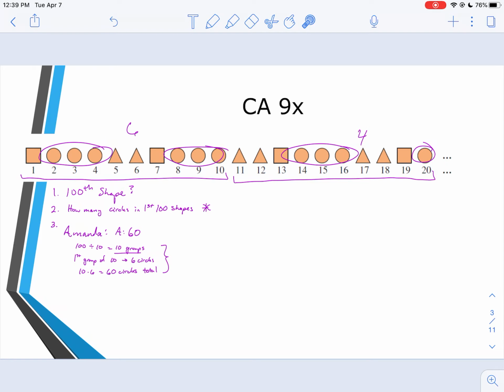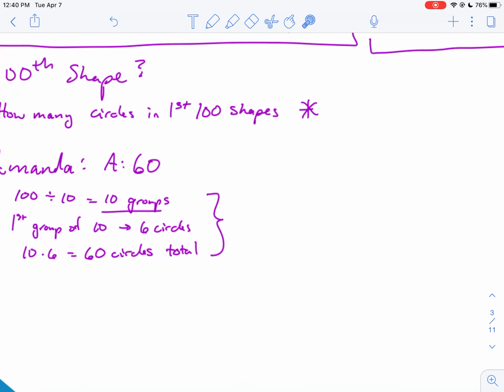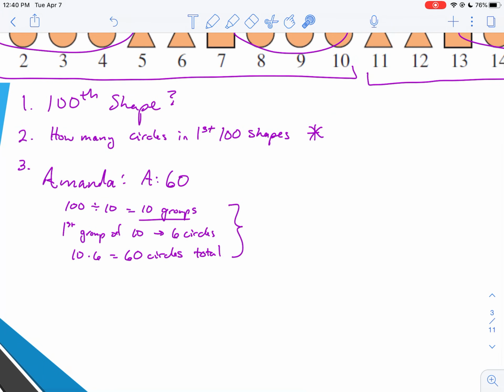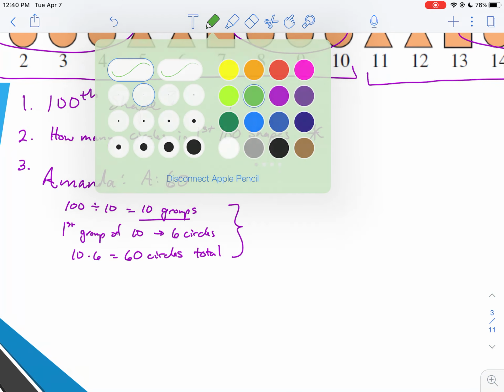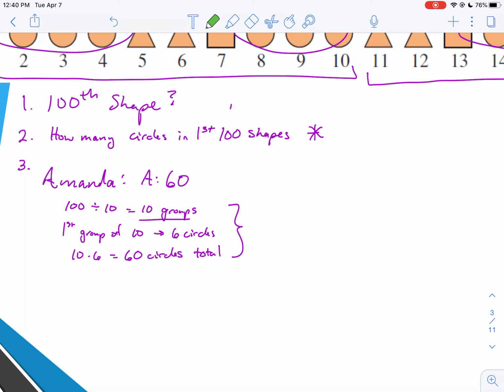The issue is that the second group of 10 doesn't have 6 circles. How many does the third set have? We don't really know, but her thinking isn't solid that every group of 10 has 6 circles. And so that is going to be an issue right here.